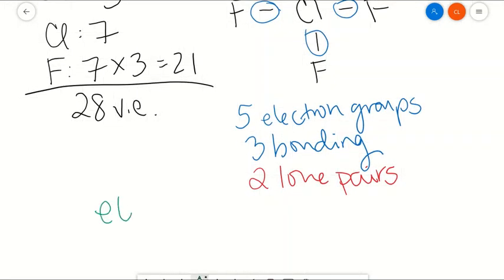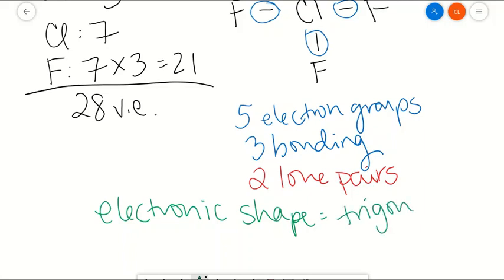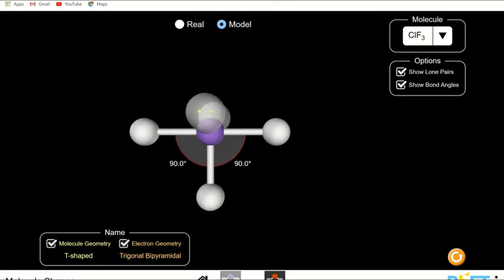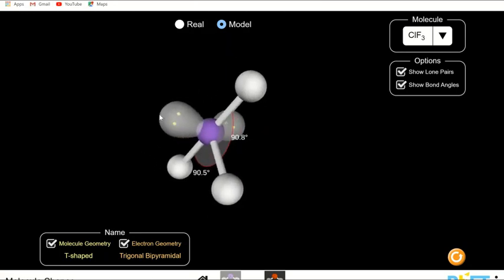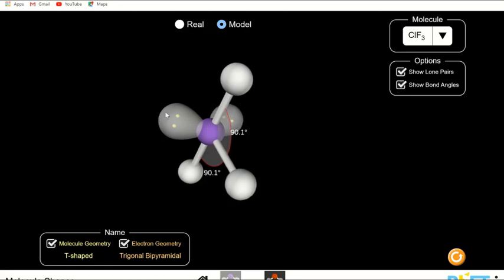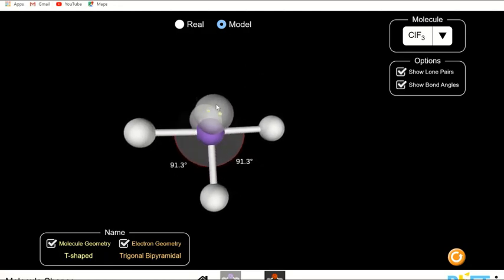So that electronic shape is still trigonal bipyramidal. Let's take a look at what our new shape looks like. In this electronic shape, you can see these 2 lone pairs. These little alien heads are our lone pairs, and we took those off.